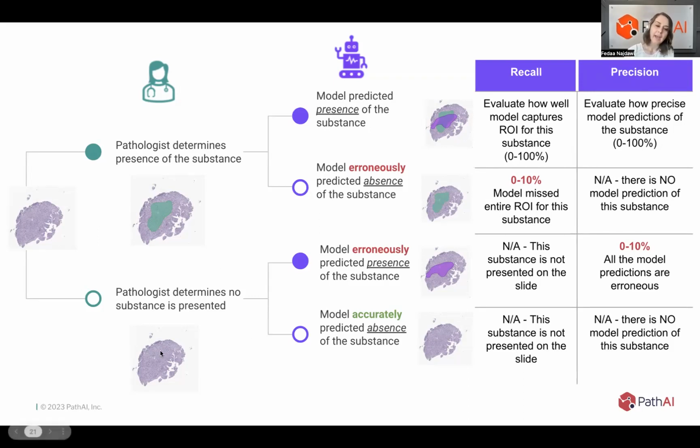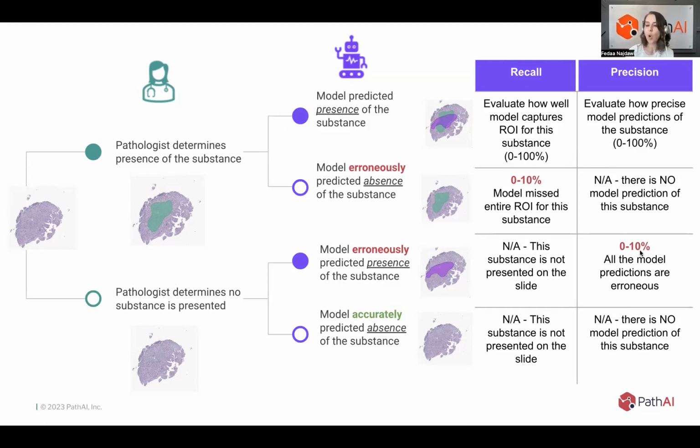On the other hand, if the pathologist evaluated the biopsy and determined that there was no substance, for example, there's no granulation tissue in this biopsy, and the model predicted the presence of such substance, then automatically precision would be 0 to 10%, so the lowest range.